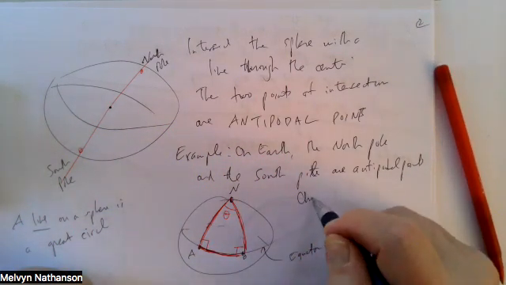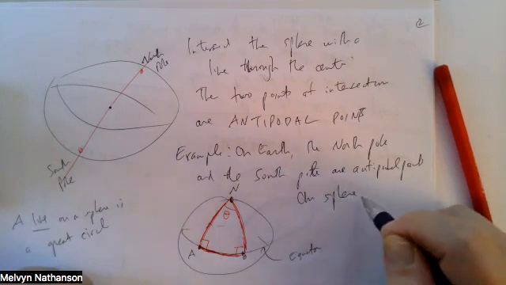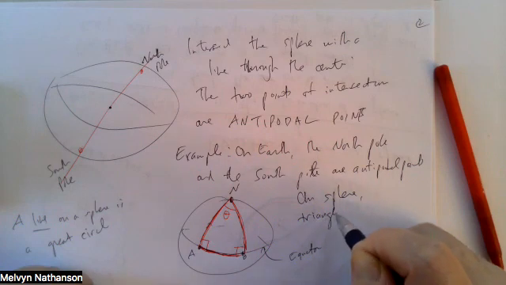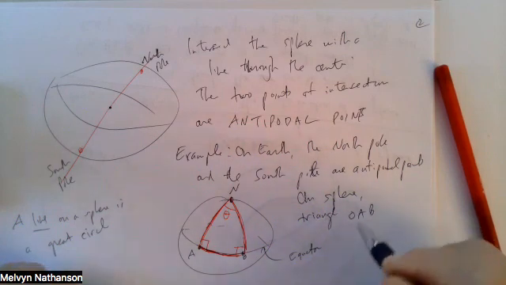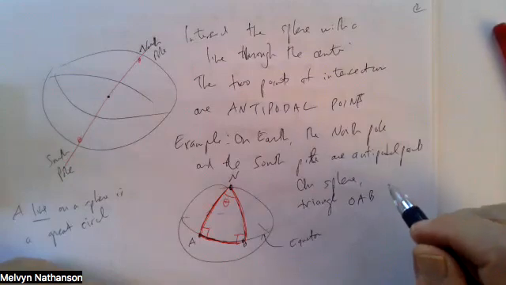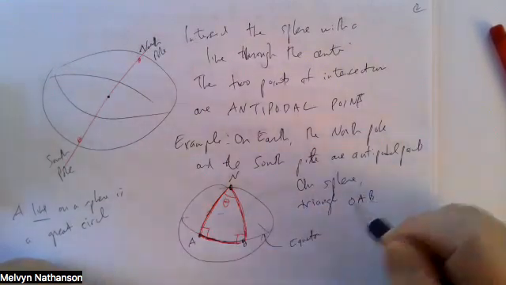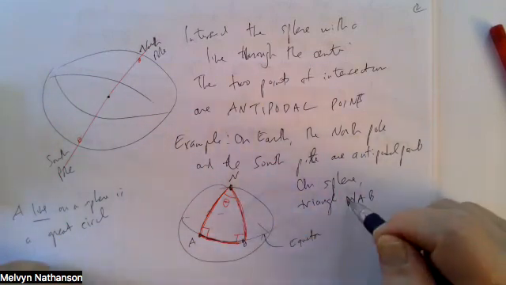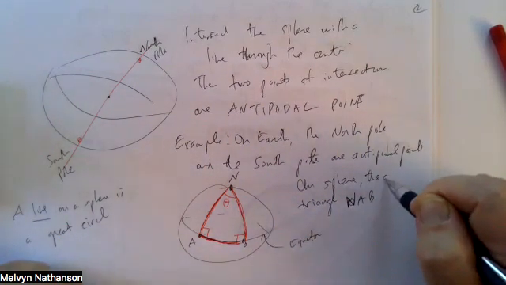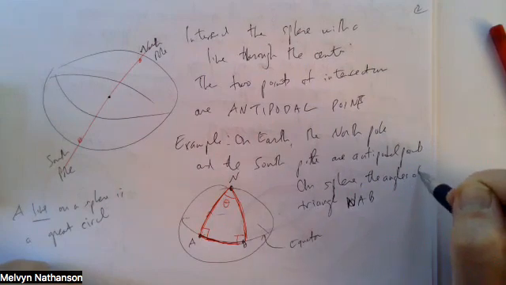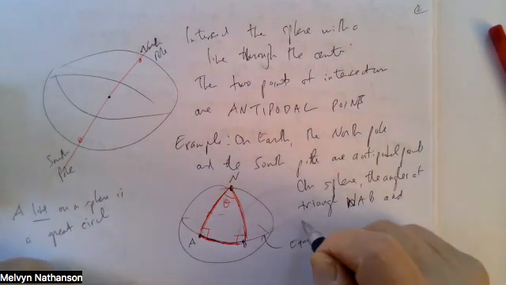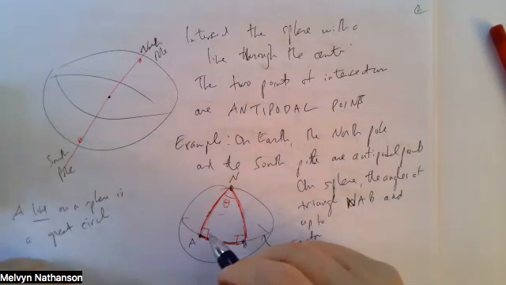So on the sphere, if you look at the triangle NAB, the angles of this triangle add up to how much?